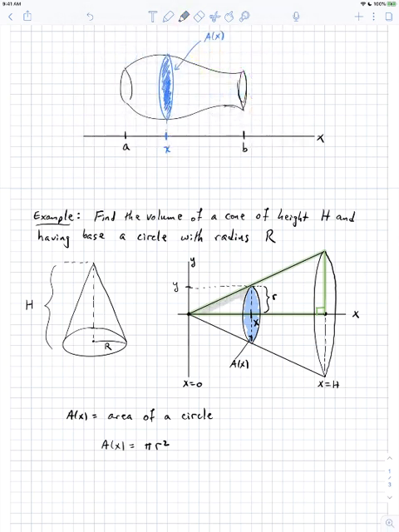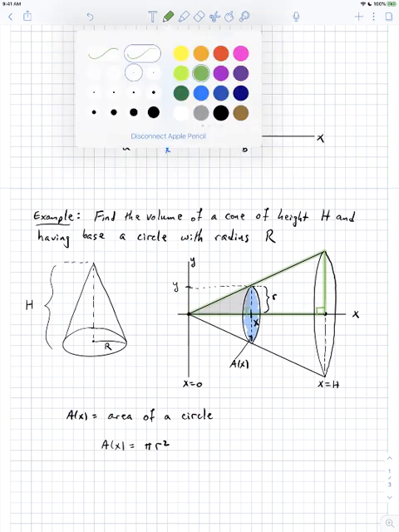Let's just fill it in like so. So now you have the smaller gray triangle, but this is also a right triangle. You can imagine rotating the big green triangle around the x-axis, and that would generate the cone. That's what we call a solid of revolution.